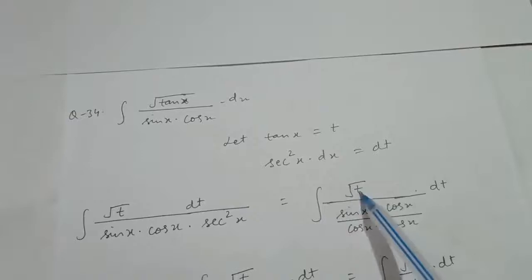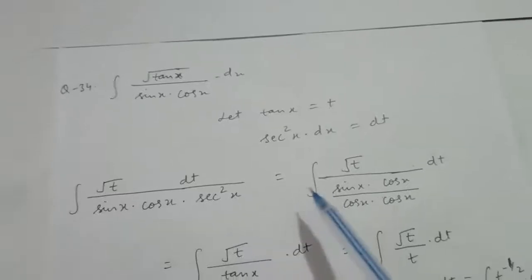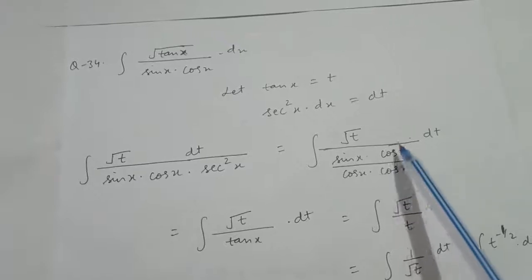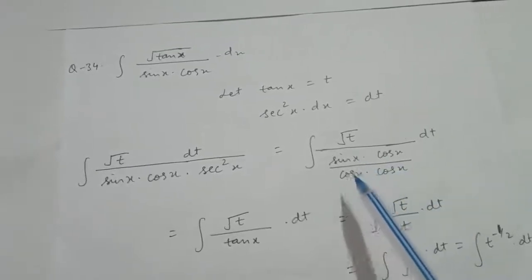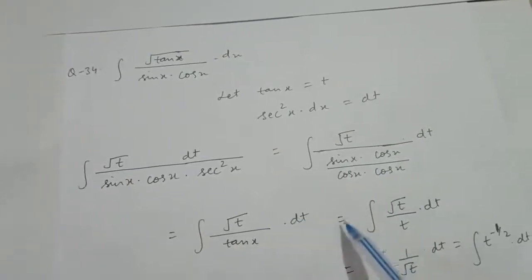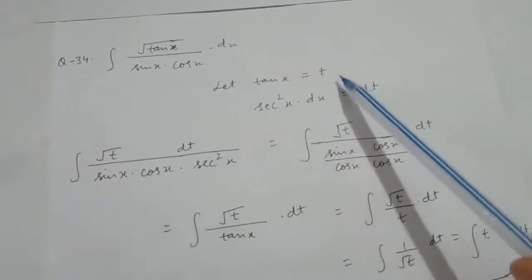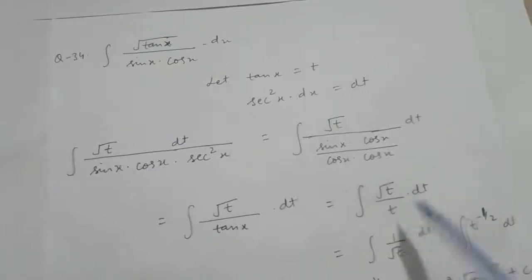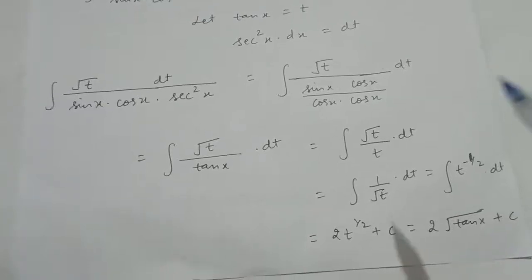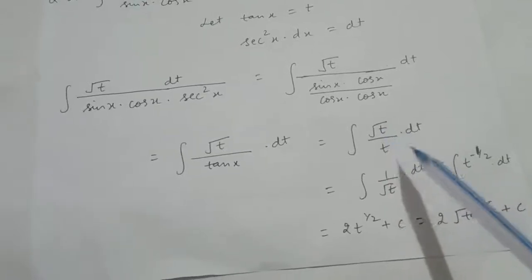So integral of root t upon secant square x, which is 1 upon cos square x, and 1 upon cos square x can be written as cos x into cos x. Now this cos x will get cancelled, and here sin x by cos x is tan x. Root t as it is into dt equals, now tan x is substituted as t, so in place of tan x put t, so you'll get integral of root t upon t into dt, which is equal to integral of 1 upon root t into dt when you cancel these two.